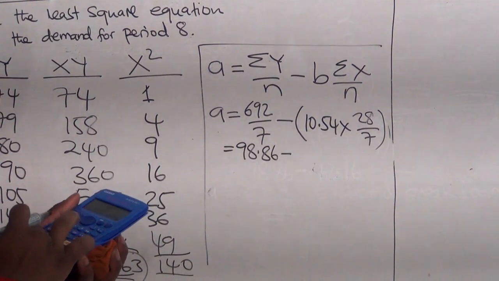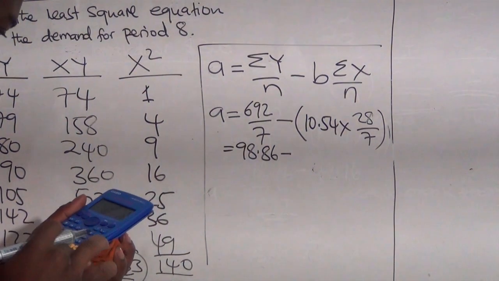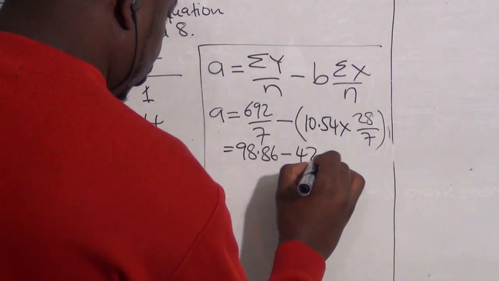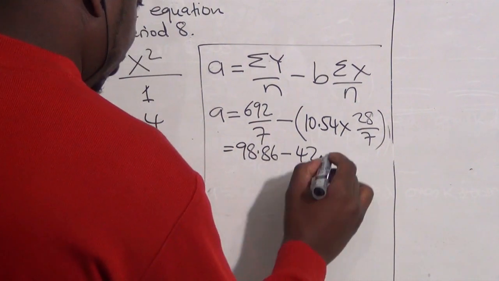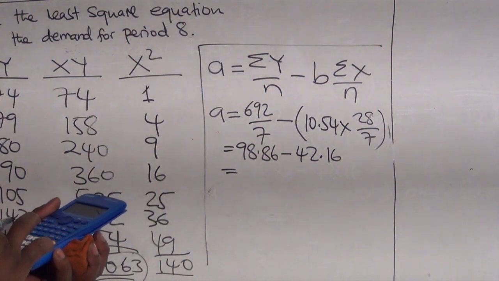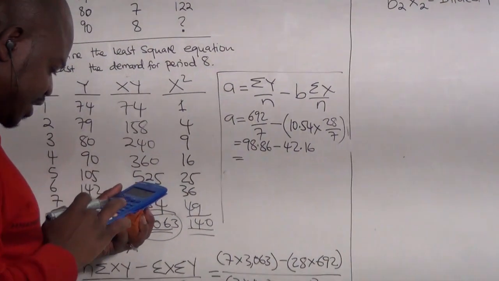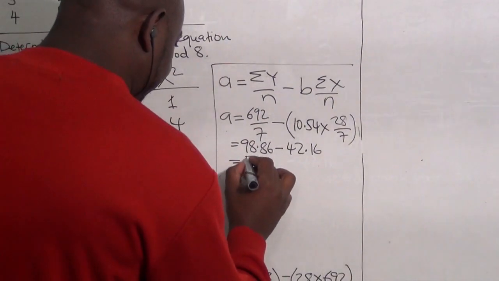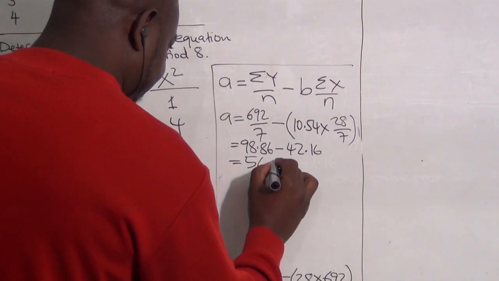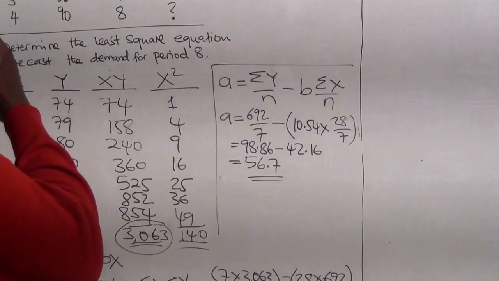Then 10.54 multiplied by 28 divided by 7, I have 42.16, and then that 98.86 minus 42.16, I have 56.7. All right.